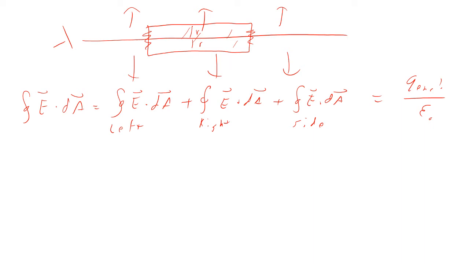Remember the dot product: A dot B is equal to AB cosine of the angle between them. What's the angle between E and the surface on the ends of the cylinder? The area vector is straight outwards, so that means it's perpendicular to E. What happens when it's perpendicular? The dot product is 0.